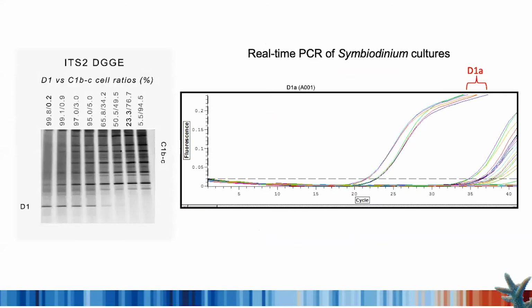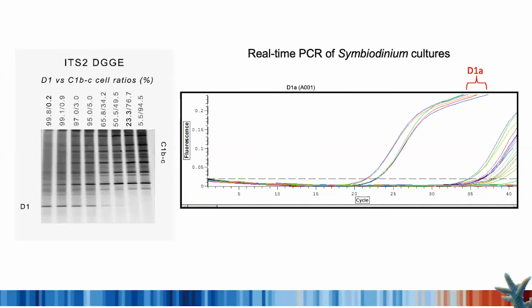The problem comes in the ITS2 or the ITS1, it's a gene array. So you get thousands of copies of the ITS gene. Well, it turns out that there's different copy numbers between different species of symbionts. So I did these reverse ratios, and the D1 fingerprint, when it gets down to about 20% of the total, you lose it in the fingerprint.